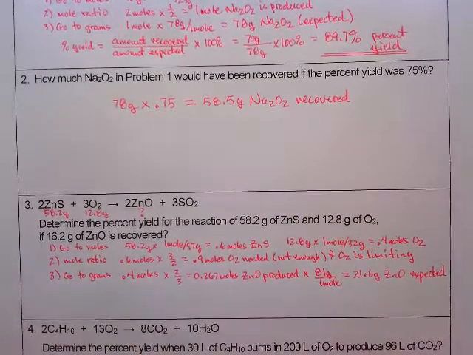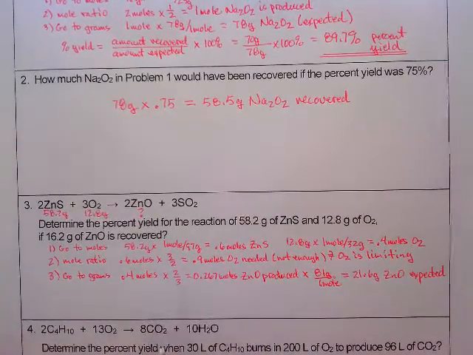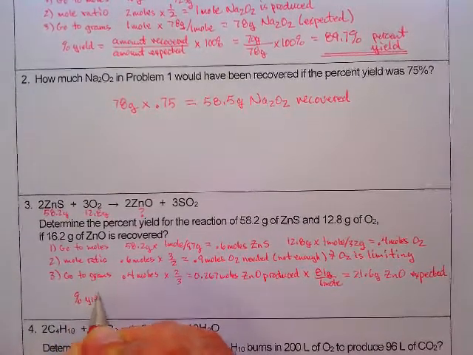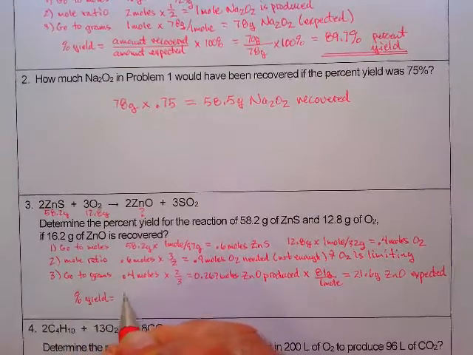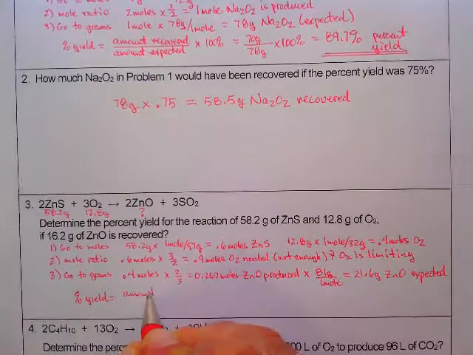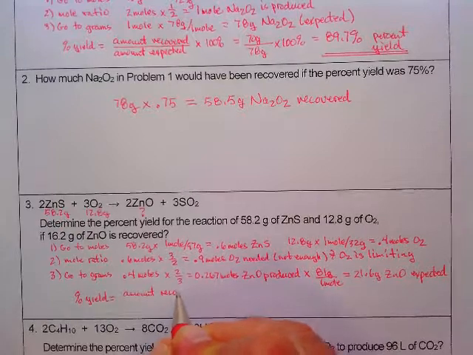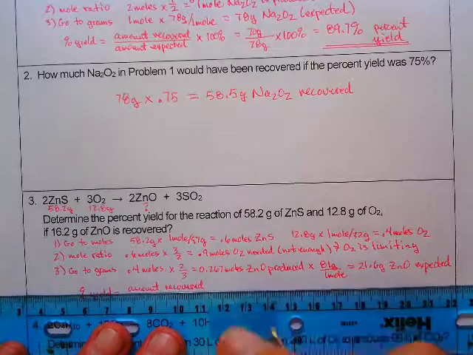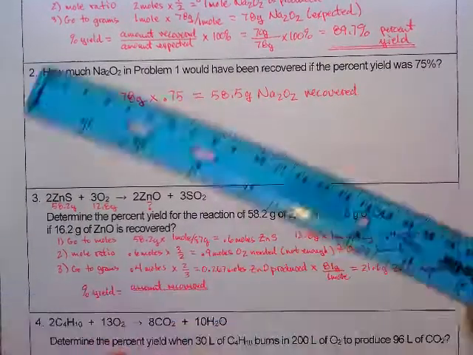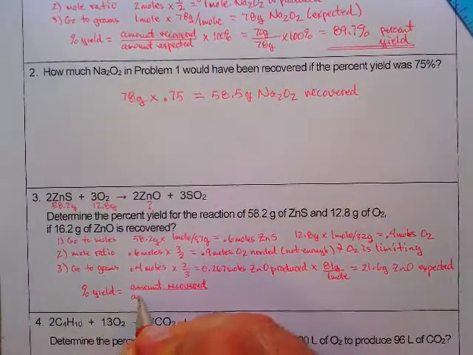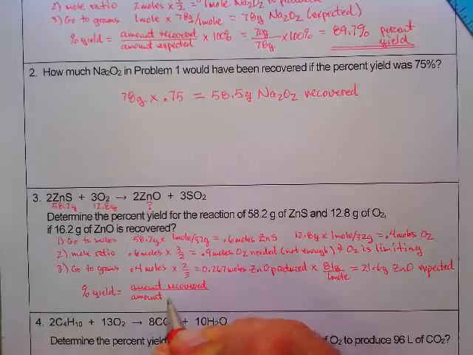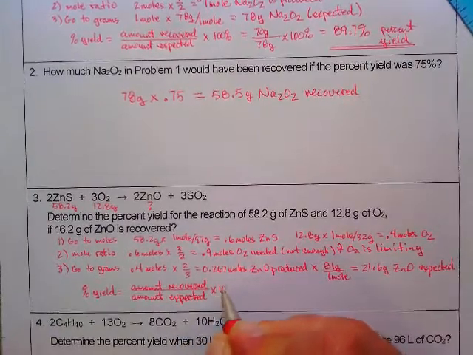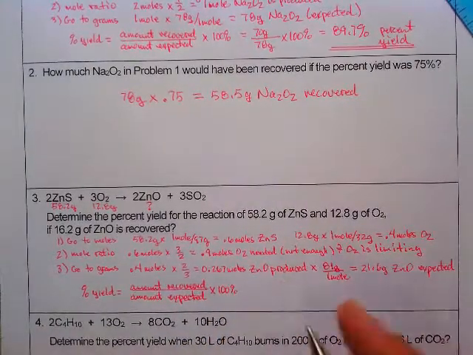However, we only produced 16.2, so the percent yield, which is the amount recovered divided by the amount expected times the 100 to make it a percent.